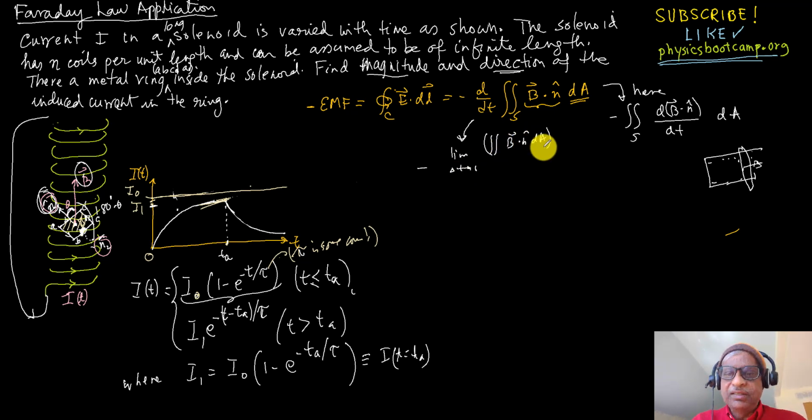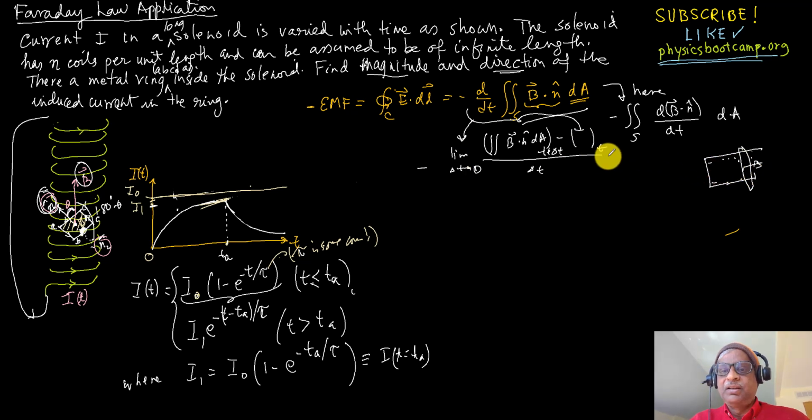You can evaluate this as t plus delta t, and take the same thing evaluated at t, divided by delta t, and delta t goes to 0. But the problem here is the area is constant and fixed, and in that case you can just take the d/dt and bring it inside, and it's convenient here.